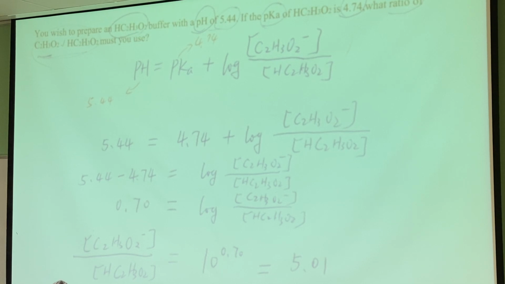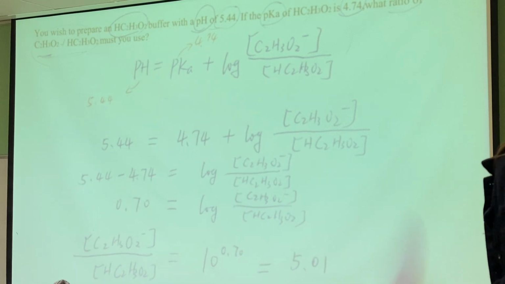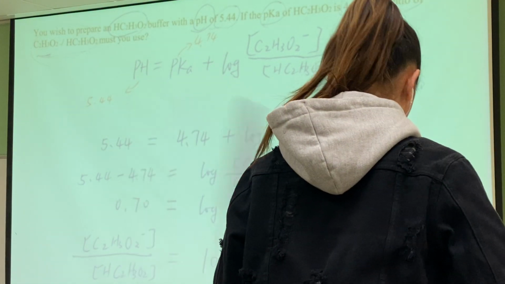It doesn't have to be a whole number. It's any number, whatever number you get. And if in the test the answer choices A, B, C, D don't have this exact answer, but one answer says 5, then it's 5. Pick the closest. Okay, so pick the closest. So that is another way to apply the Henderson-Hasselbalch equation.